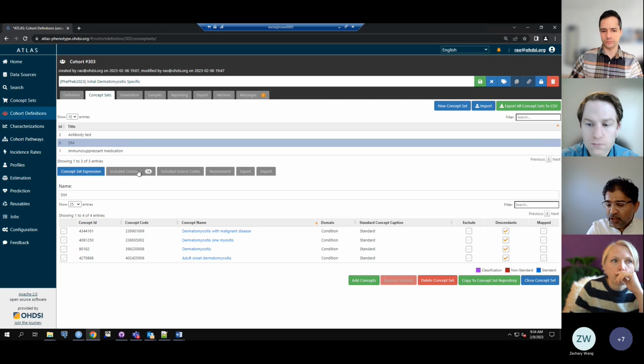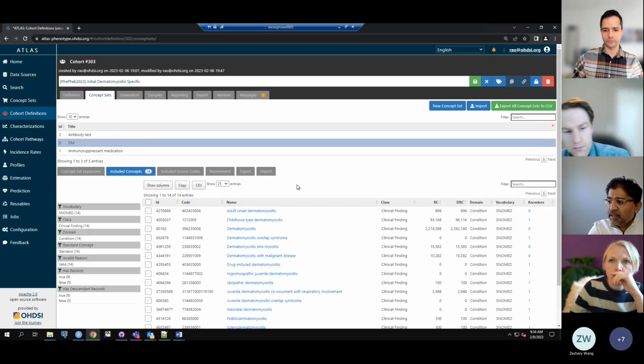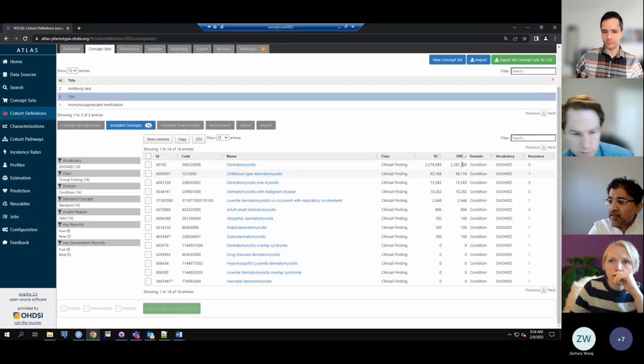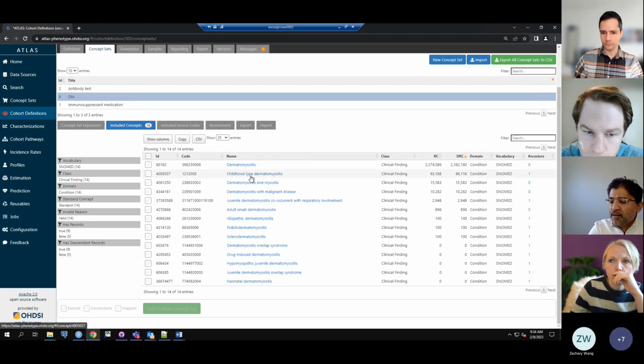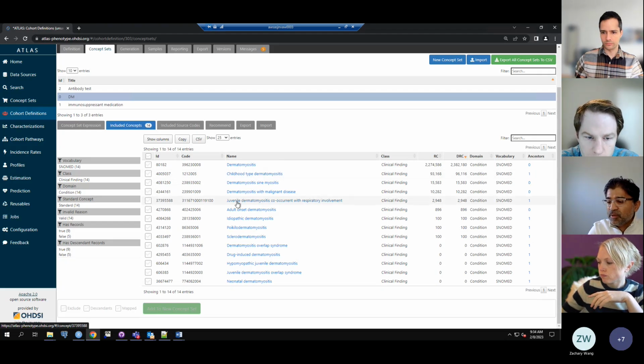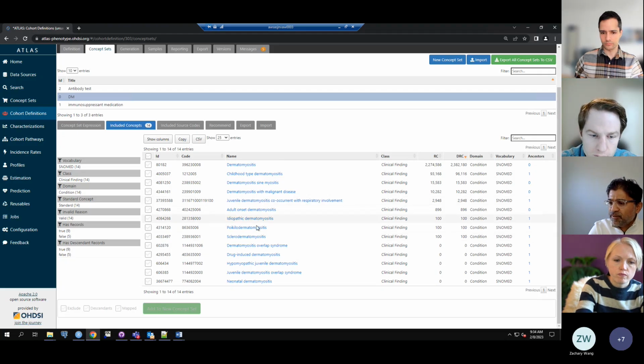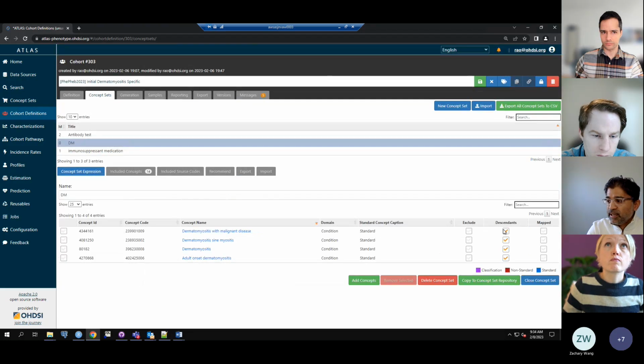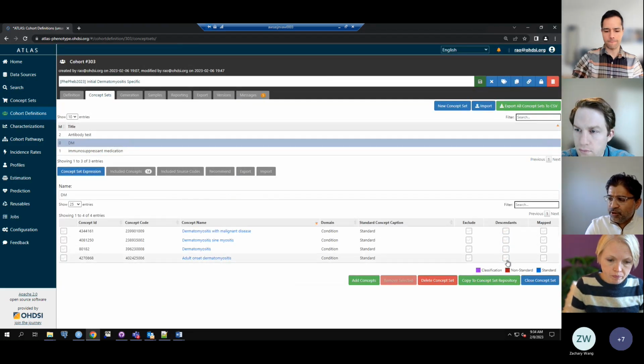Yeah, again, there's no right or wrong. You're the subject matter expert here, but when you click on it, it brings out childhood type dermatomyositis, which you had said is not in scope, juvenile dermatomyositis, which is not in scope, and then there were a few more things that came up. So I'm not going to change it, but that's just an input for you.